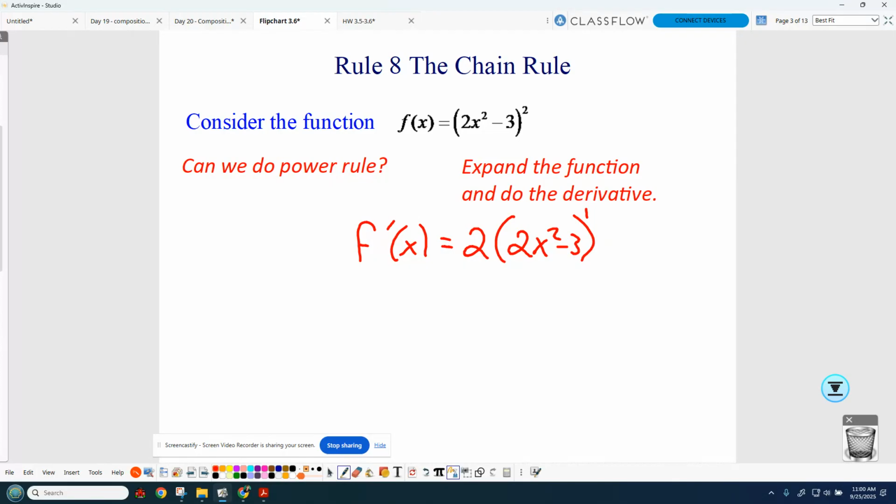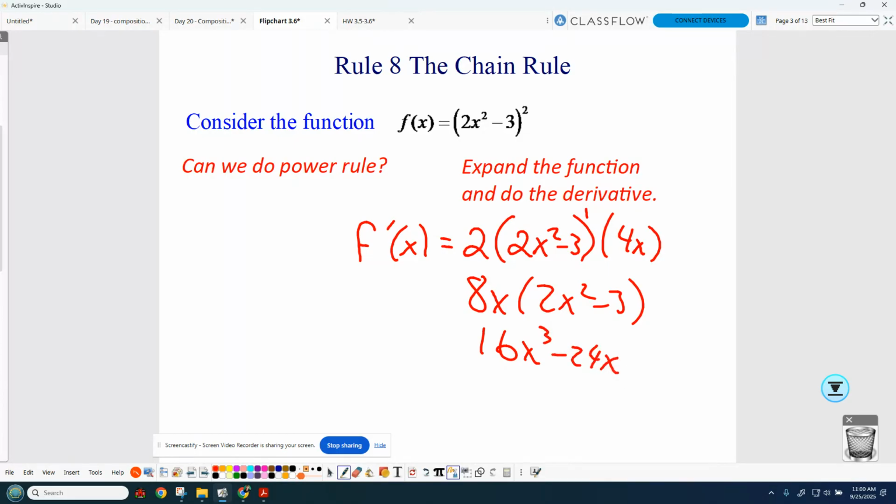What's the derivative of 2x squared? 4x. What's the derivative of negative 3? 0. So that's our answer, which is what we got when we multiplied things out as well.